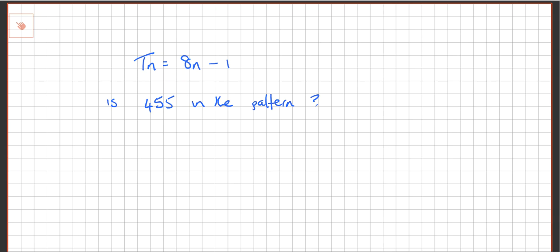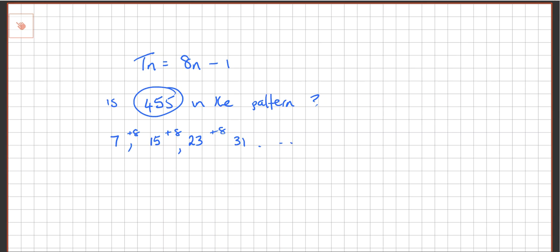So you would say, oh, we could start with 7 because that's the first term, yeah? 8 minus 1 is 7. Then we go up and we go 7 plus 8 is 15, plus 8 is 23, plus 8 is 31, and so on. And we'd have to get all the way up to whether 455 is in there or not. It's a long way, but yeah.